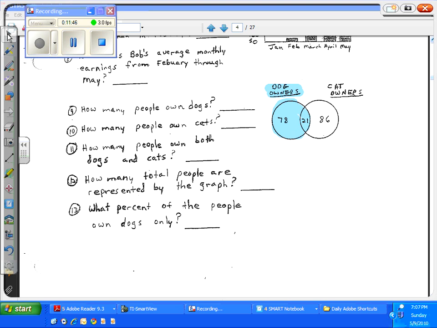If you wanted total dog owners, you would have to add the 78 to the 21, and you would have 99 total dog owners. And then we'll take a look at cat owners. The other circle represents cat owners.